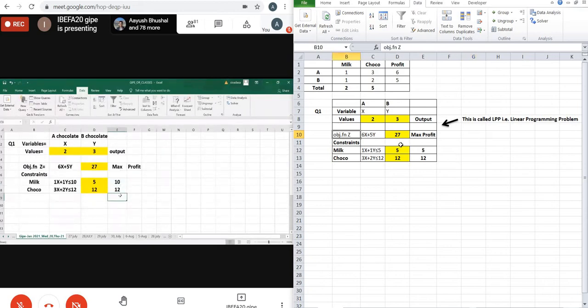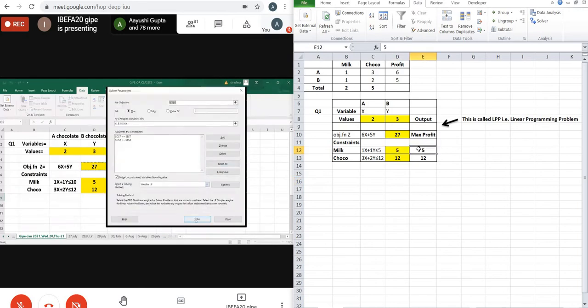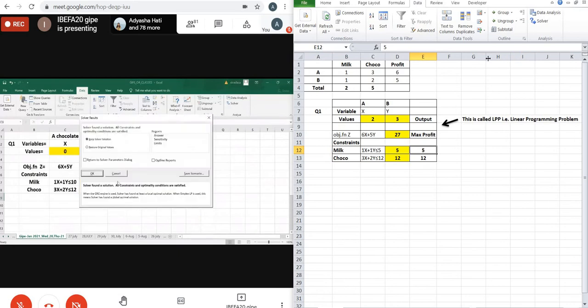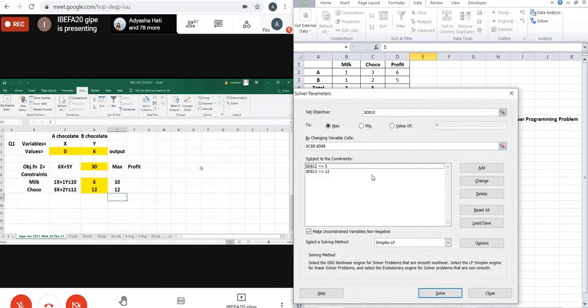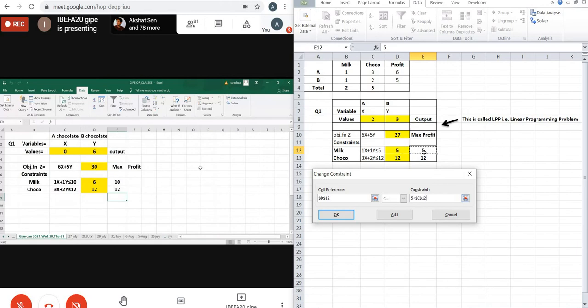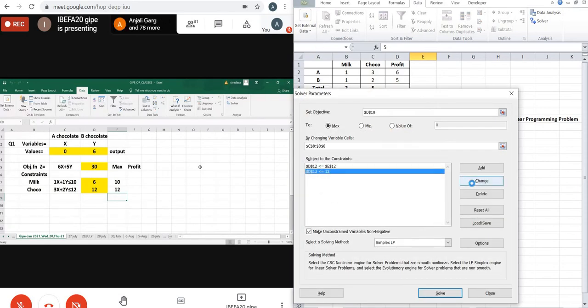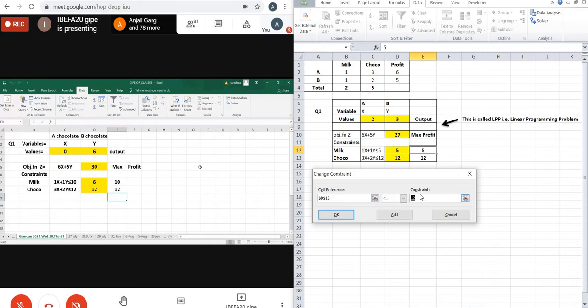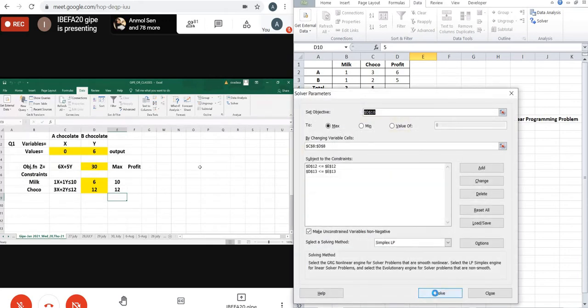Let us solve it. What will happen now? How much is the profit? 0 and 6. And the profit is 30.